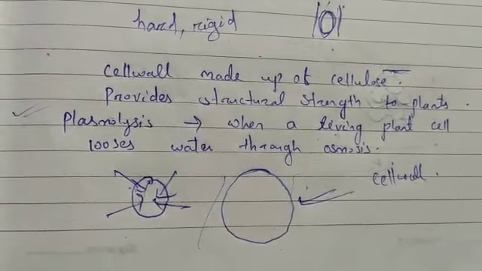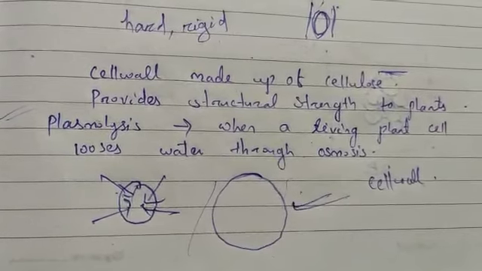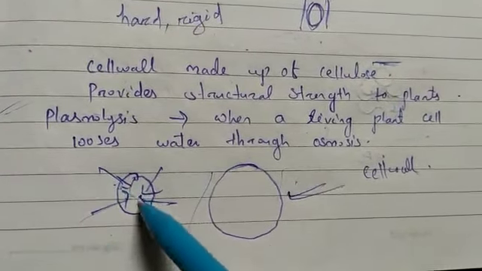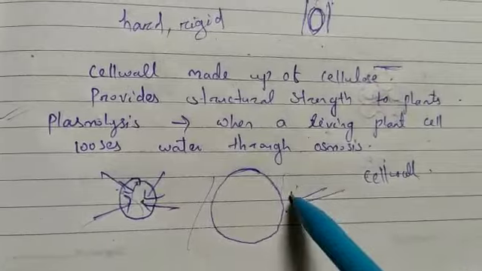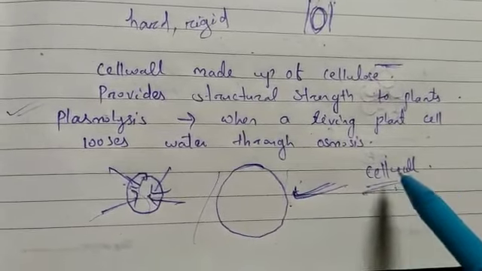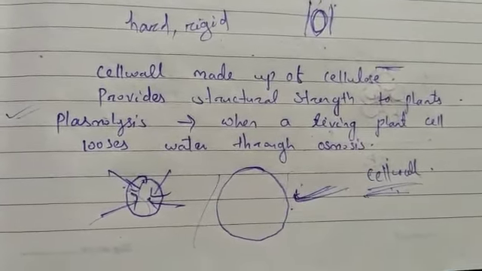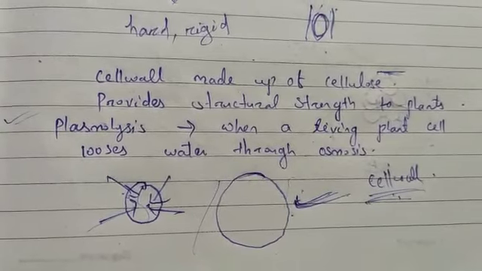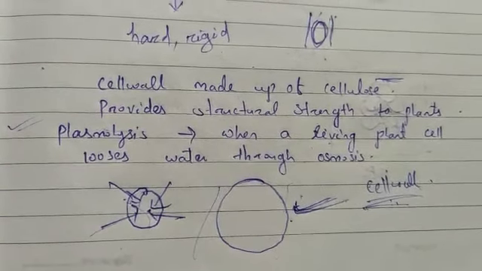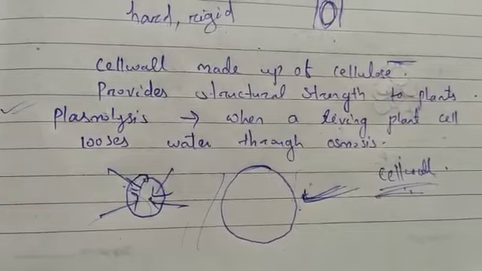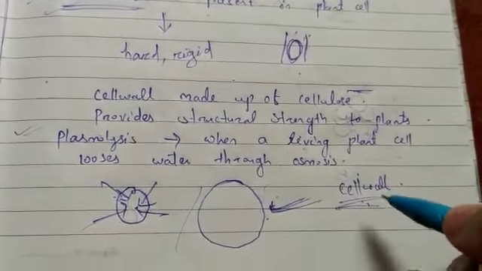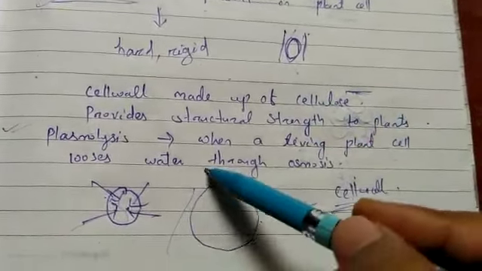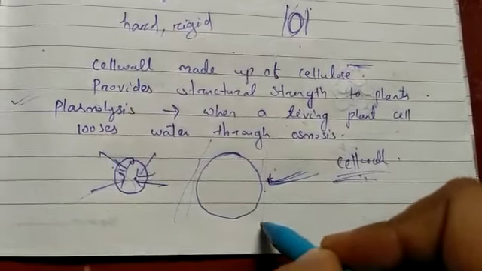If the water concentration around an animal cell is higher, the animal cell will gain water and it will burst. But in plants, since the cell wall is present, it permits the cells of the plants to withstand very dilute or hypotonic media without bursting. So the cell wall is very important for plants, because it is present outside the plasma membrane.